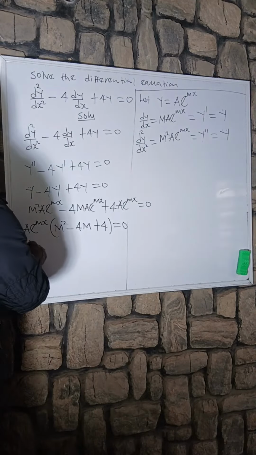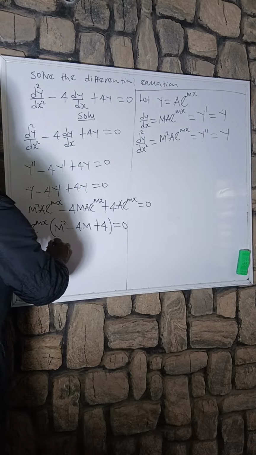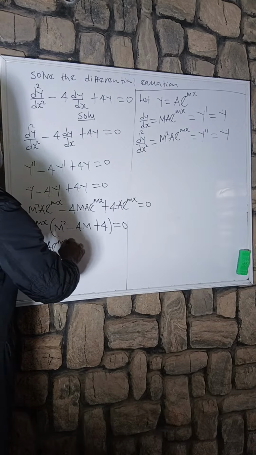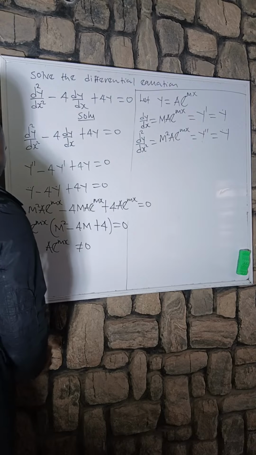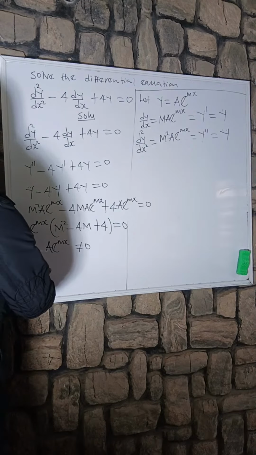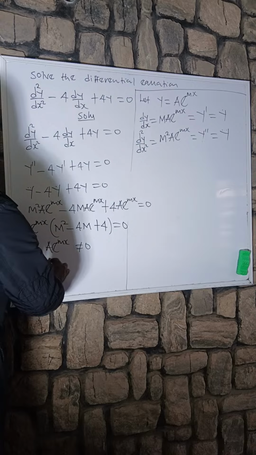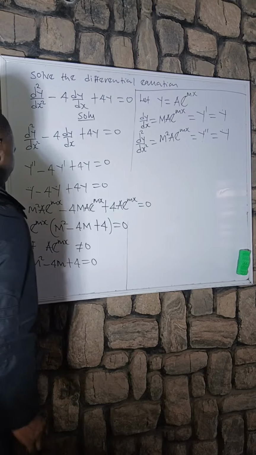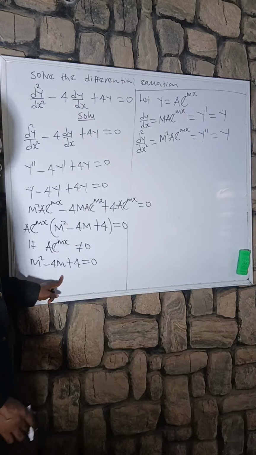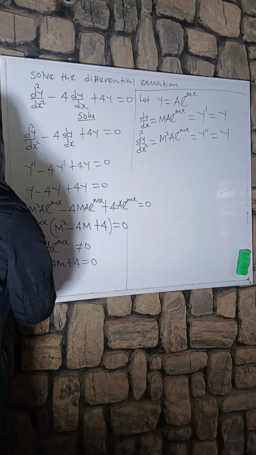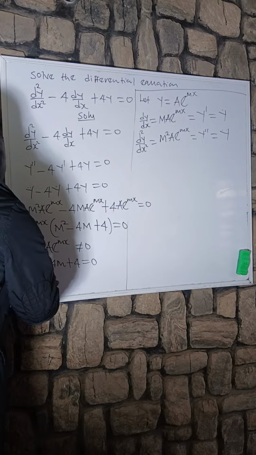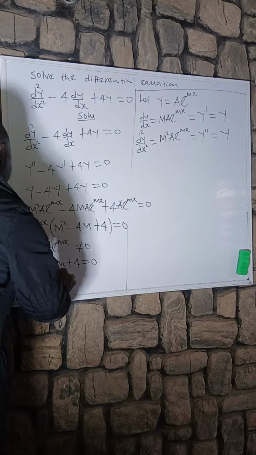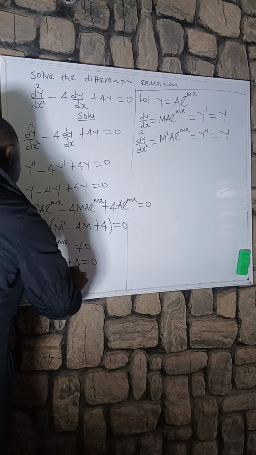So if a exponential mx does not equal to 0, it means our m squared minus 4m plus 4 equals to 0. Then this is what we call the auxiliary equation. This is the auxiliary equation.